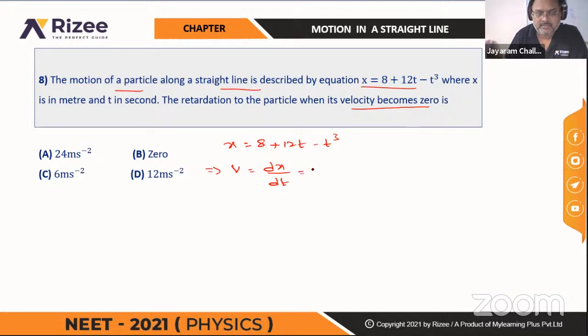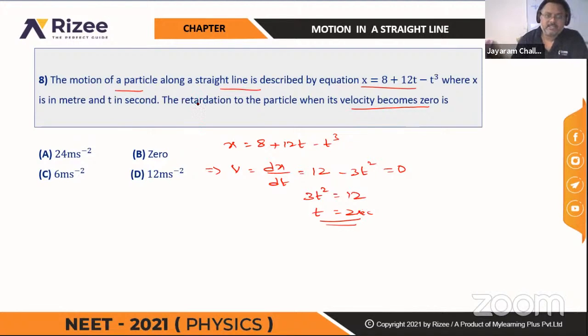The constant's differentiation is 0, 12t differentiation is 12, minus 3t square. This has to be equal to 0. When this is equal to 0, 3t square is equal to 12. That means t should be equal to 2 seconds. At 2 seconds, velocity is becoming 0.